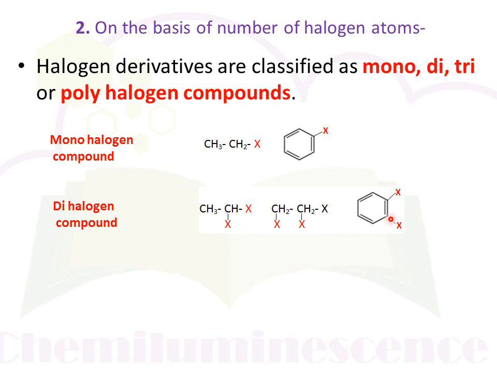In a trihalogen compound, three halogen atoms are present in the compound. You can see here that this compound contains 3 halogen atoms. Here also this compound contains 3 halogen atoms. And a polyhalogen compound is a compound in which more than 3 halogen atoms are present. Those are examples of polyhalogen compounds.